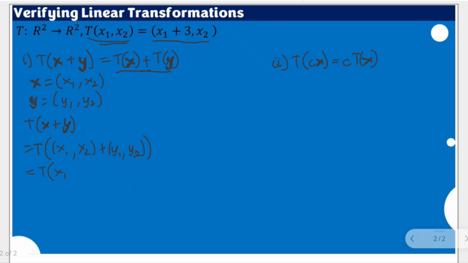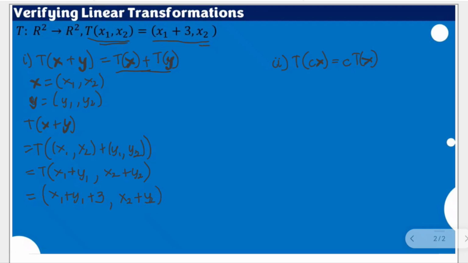So you have your x sub 1 plus y sub 1, and you have x sub 2 plus y sub 2. This will be your entire first component. This is your second component. So if we use now the transformation, you will have here the first component, x sub 1 plus y sub 1 plus a certain 3, and then we are going to have the same second component as declared here.